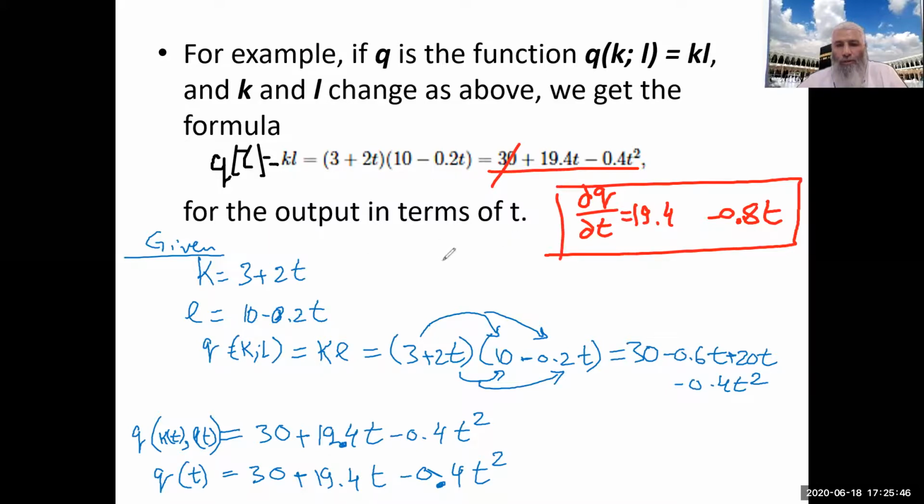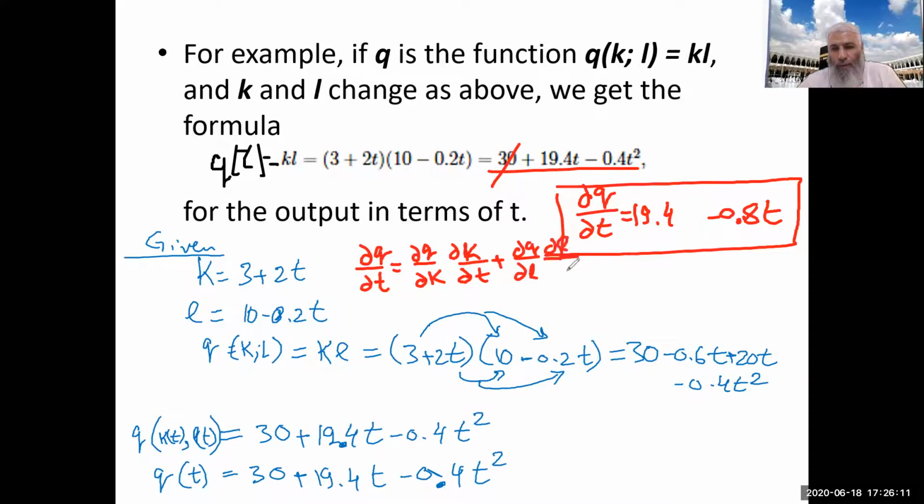He is saying that we can find dq/dt equals dq/dk multiplied by dk/dt plus dq/dl multiplied by dl/dt.